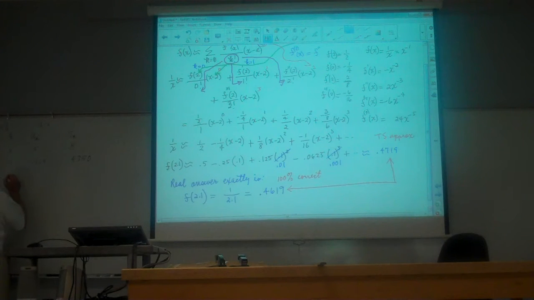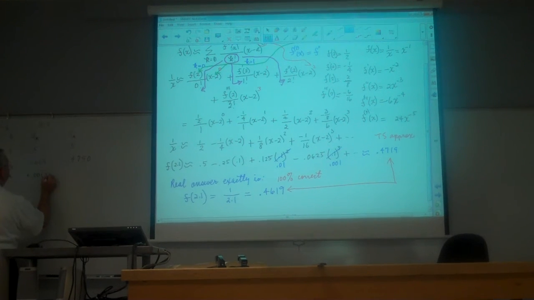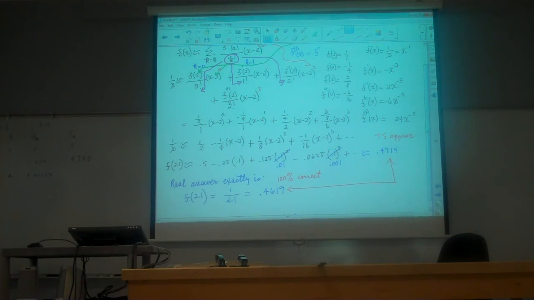Now, with k equal 2, the next term there is equal to a plus 0.00125. Is that right?